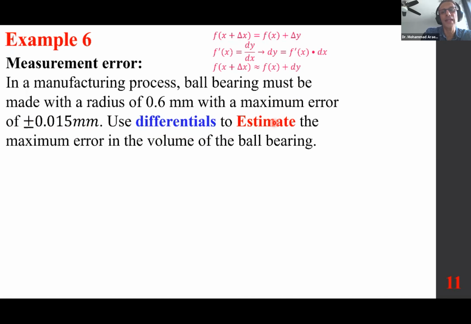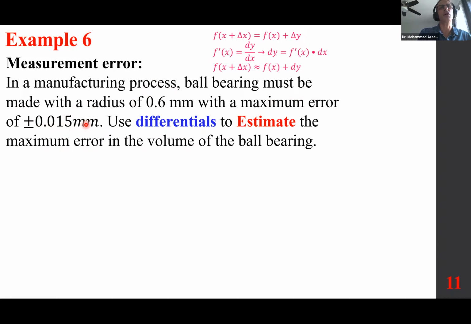Use differentials to estimate the maximum error in the volume of the ball bearing. So the radius is 0.6, and the maximum error in that is plus minus 0.015.